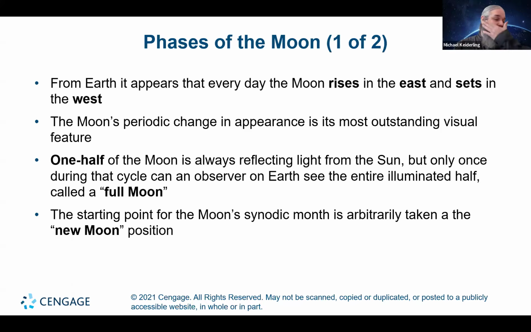But only when that illuminated side is the side that is also facing the Earth, that's a full moon. And when the illuminated side is facing away from the Earth, that's a new moon, and that's taken as the starting point for the month. It's arbitrary, but that's the standard.